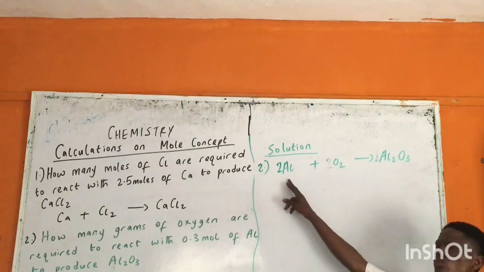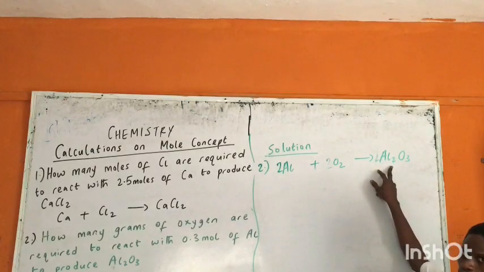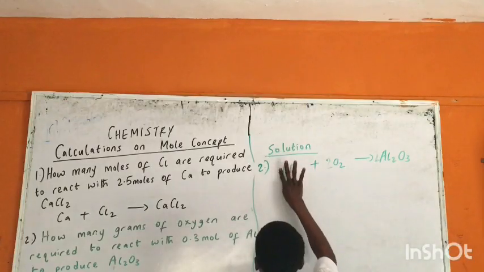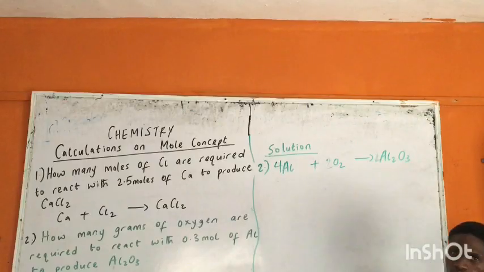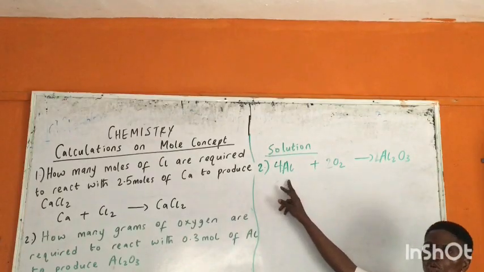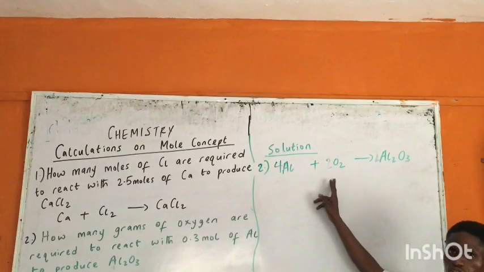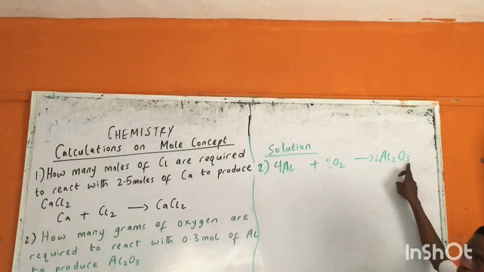So we have 2 aluminium, 4 aluminium. So let's put 4 here. So you have 4 aluminium, 4 aluminium, 4 oxygen, 6 oxygen. 2 times 3, 6.